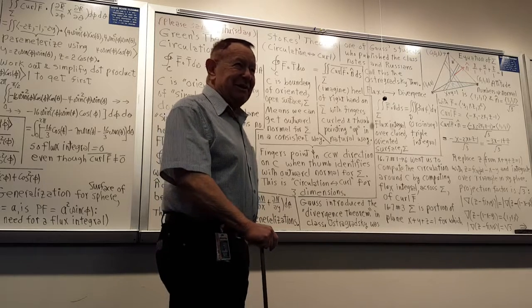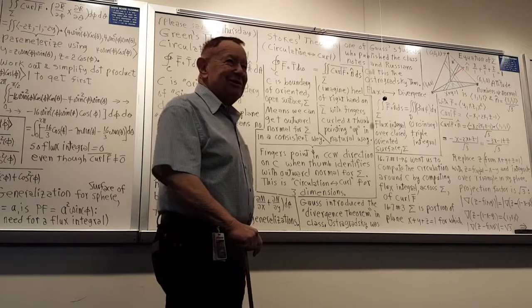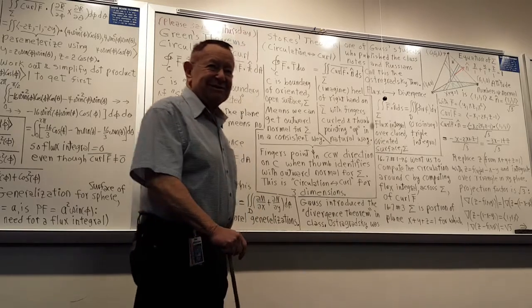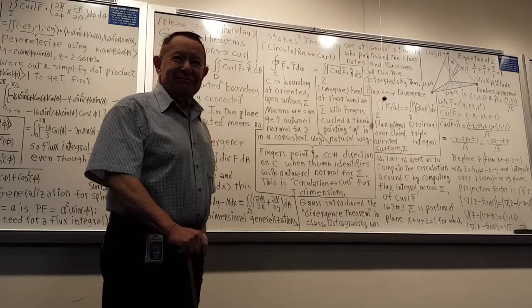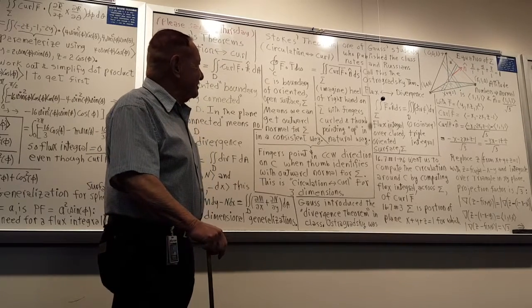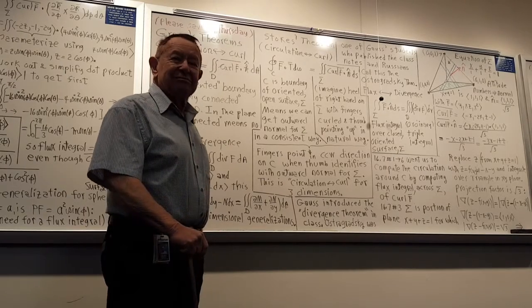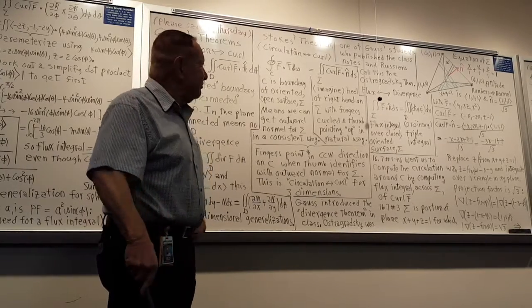And so Ostrogradsky published the thing, and so the Russians call it Ostrogradsky's theorem, but all he did was send in the class notes. We call it the divergence theorem, or else Gauss's theorem.